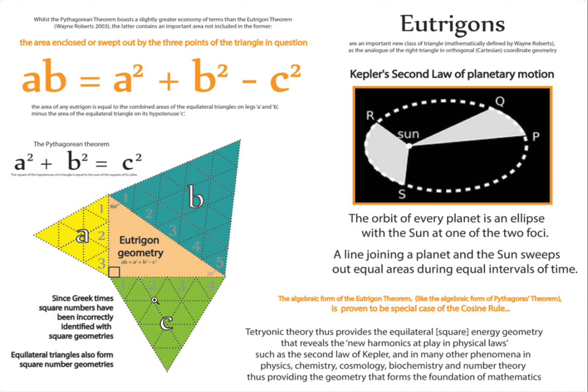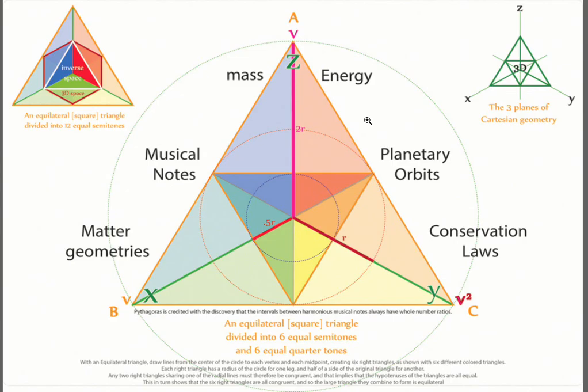We re-express it in terms and develop a special case of the cosine law, and this in fact can be applied to Kepler's law. It can give us Kepler's law in terms of the orbits of planets and their motions. This can continue on and on. We can in fact take equilateral geometries, we can halve them. We can then obviously take a third of each one, and we can develop musical notes or harmonies within the squared geometries or equilateral geometries of mass energy.